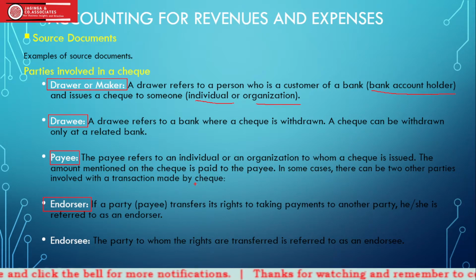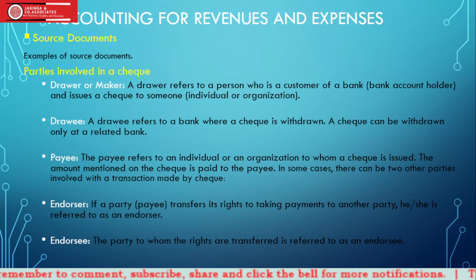So the endorsee is the person who is supposed to receive money on your behalf, the person to whom you have transferred rights to receive money on your behalf. And you, the person transferring rights for money to be received on your behalf, are the endorser.